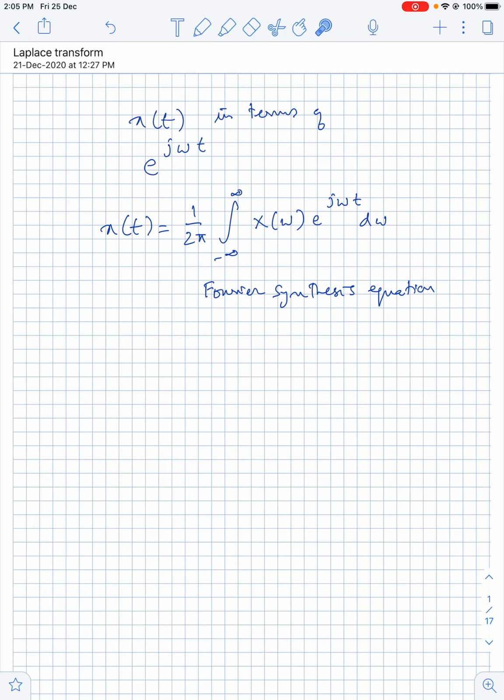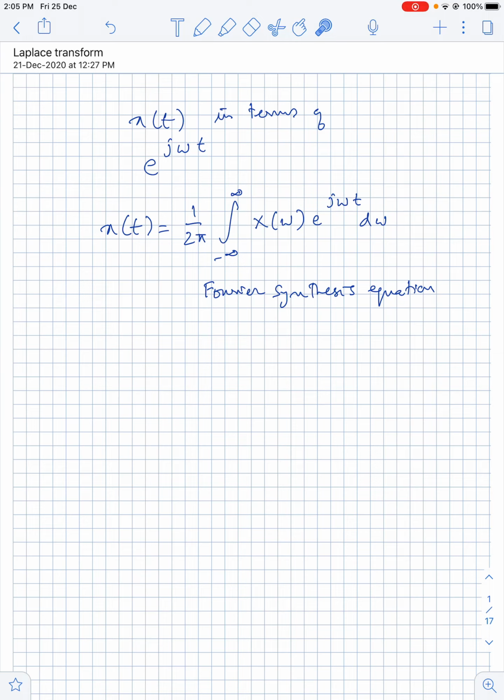You can think of this as a continuous linear combination of various values of omega, with x of omega being the coefficients of that linear combination. This is integrated over the continuous range of omega, and by using a continuum of omegas, we are able to represent a given x of t.